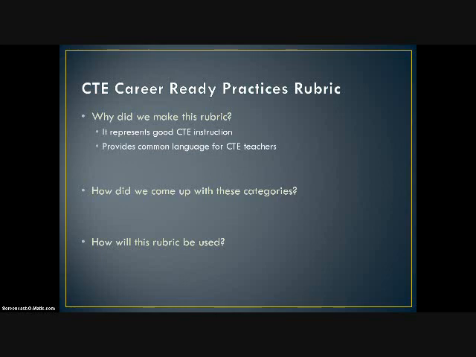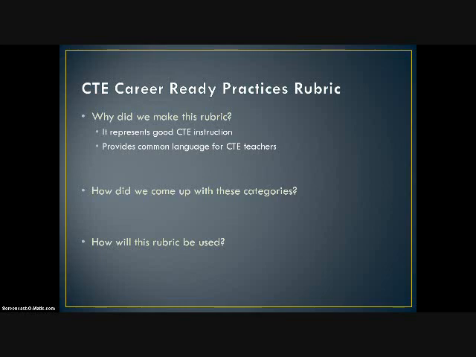This rubric also provides some common language for CTE teachers. We have some teachers who teach a content area or a course that is not taught by any other teacher in their building, and even some teachers who are the only instructor for that course in the entire county.